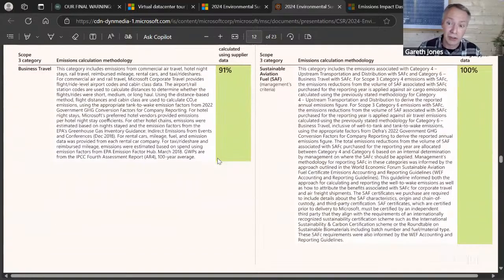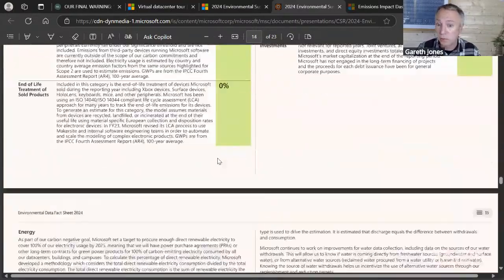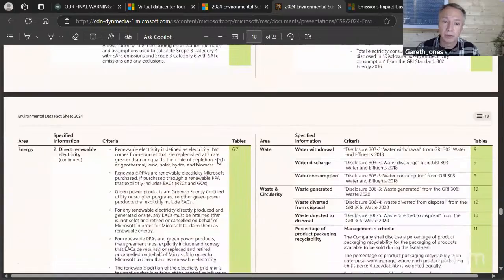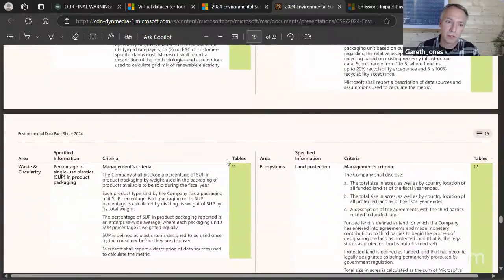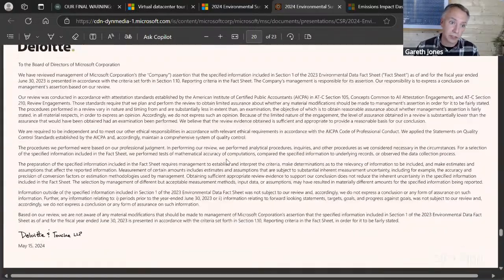You can really go into it, and it goes on for pages and pages. But as I say, going back to levels of transparency and the types of things that you see going on around the whole environment, social and governance area, ESG, it all links back to this.